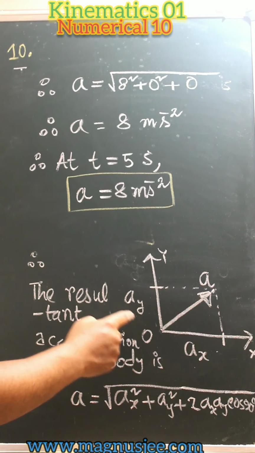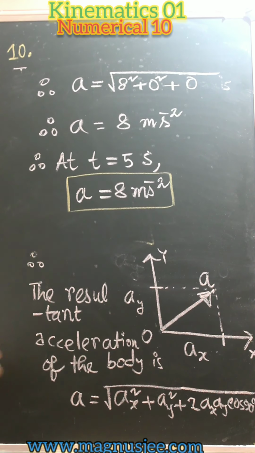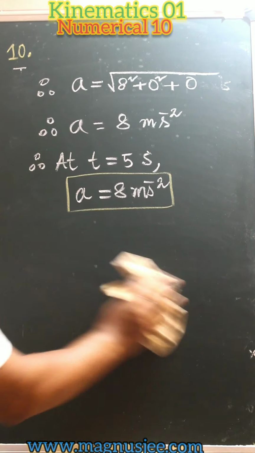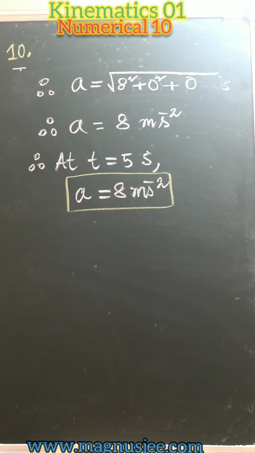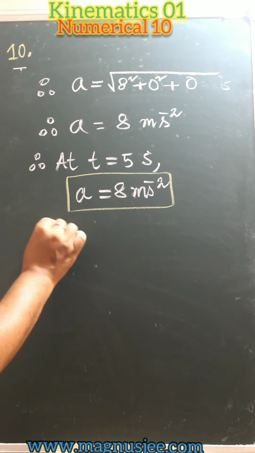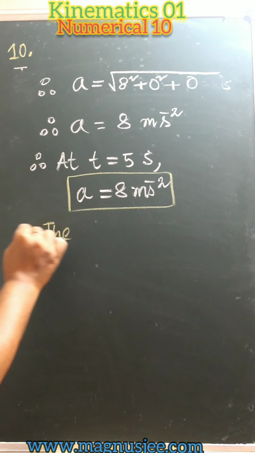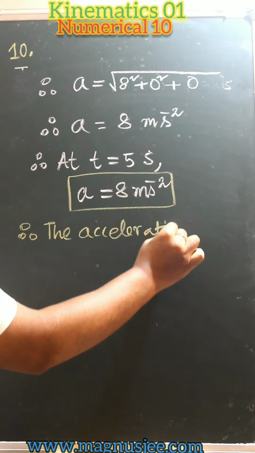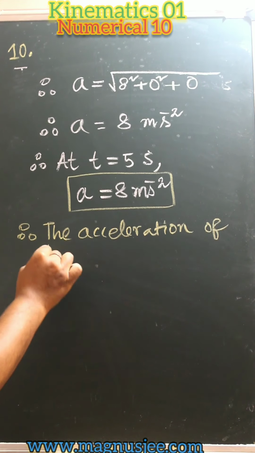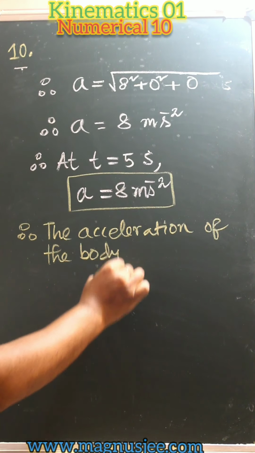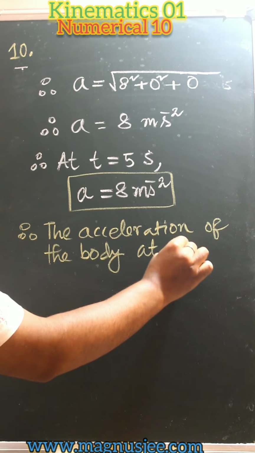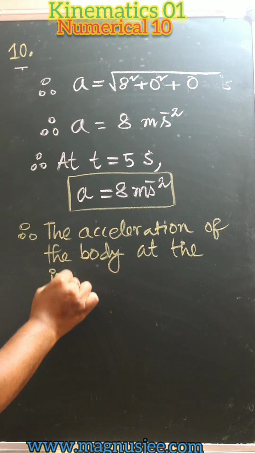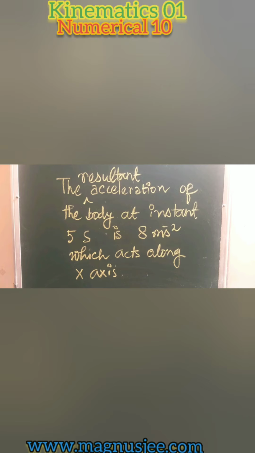Therefore, the resultant acceleration of the body at instant 5 second is 8 meter per second square, which acts along x-axis.